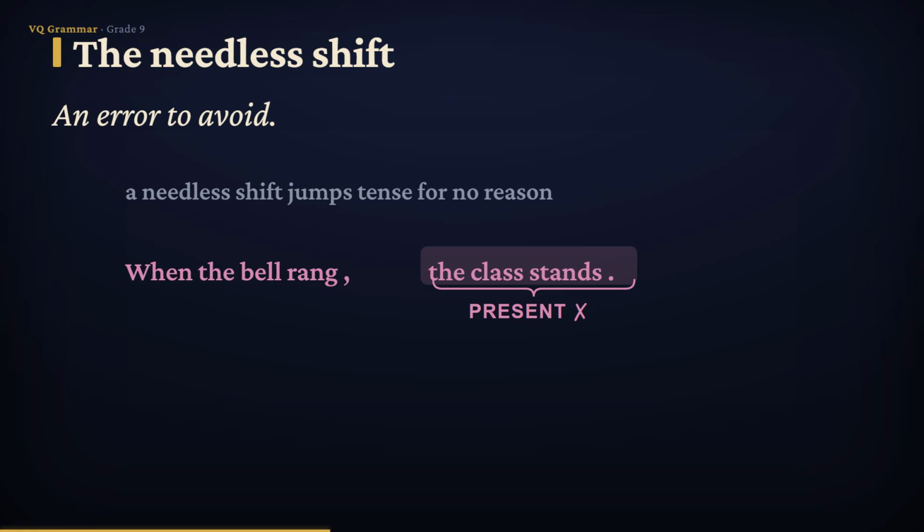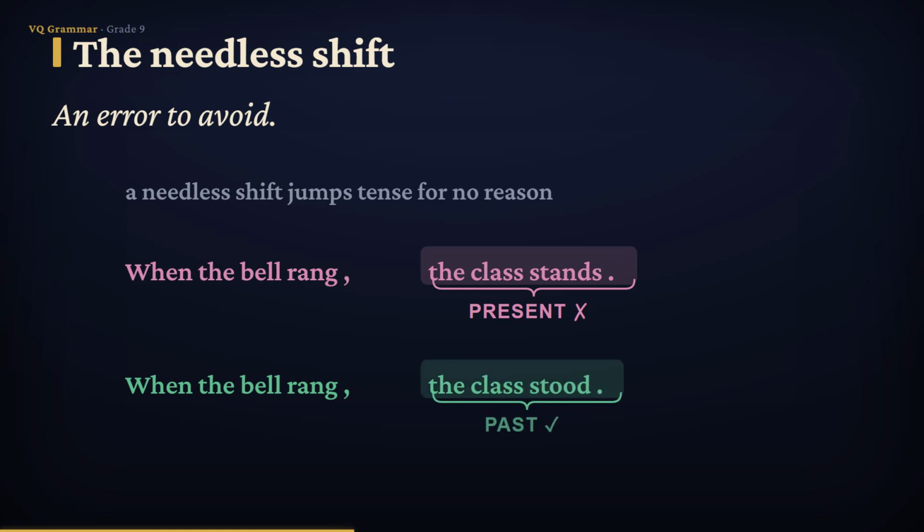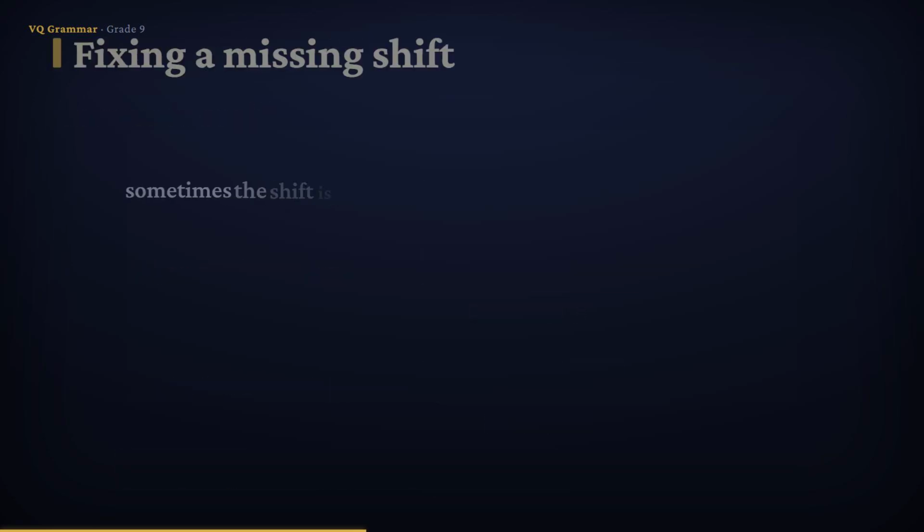Nothing about the time changed, so that shift is simply an error. Now the repair. We hold both verbs in the past. When the bell rang, the class stood. See how smooth that is? One time, one tense. Keep it steady.